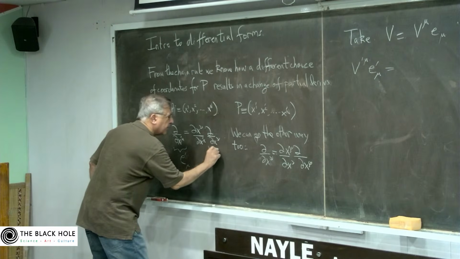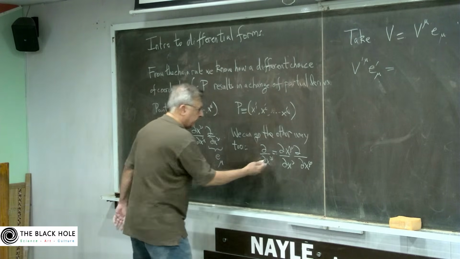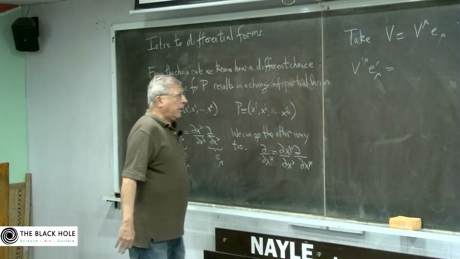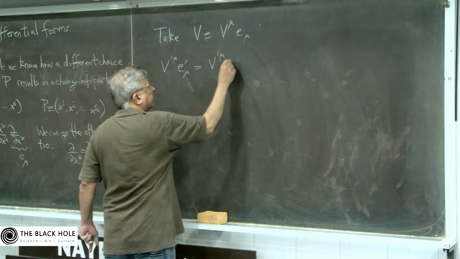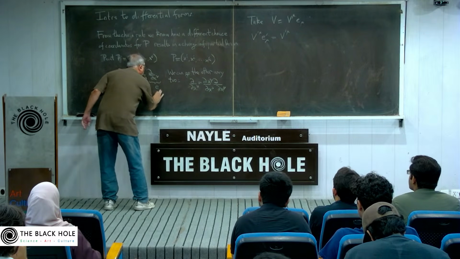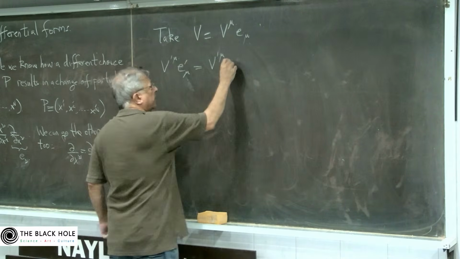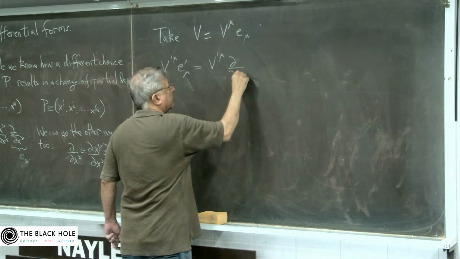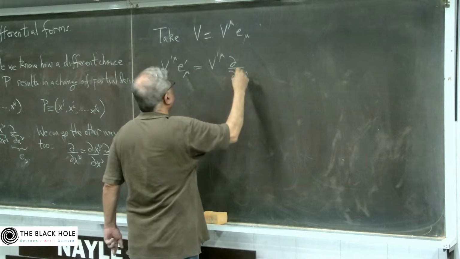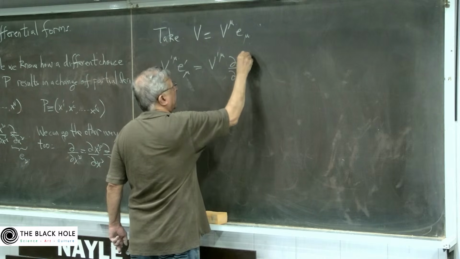This is E mu, and this is E mu E prime mu. All right, so E mu prime nu. Thank you, yes. So this is x rho, let's say.